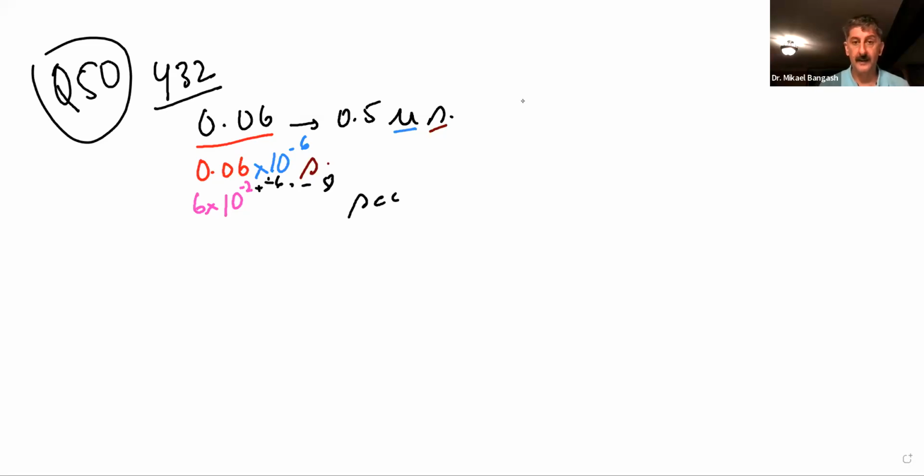Whereas over here, this 0.5 is the same as a half. Clear? The same applies: 0.5 is 0.5, and the micro will become 10 raised to the power -6. Don't write microsecond, because the micro is already here, so second stays second.